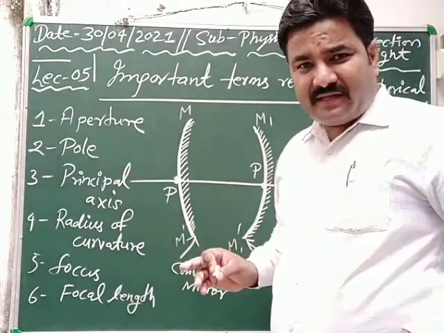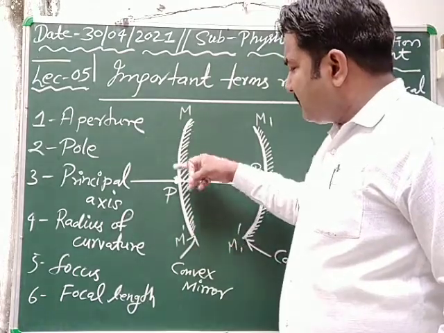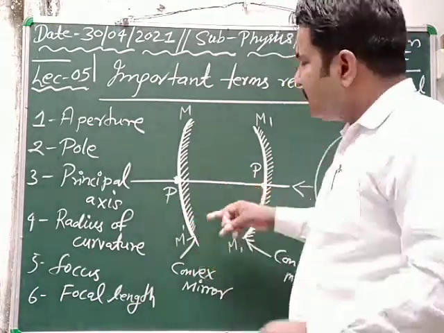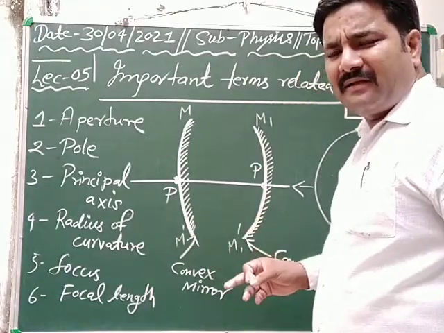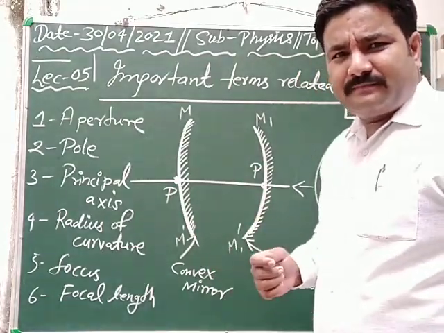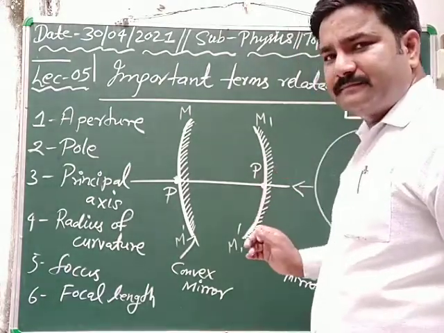In a second way, we can also define the total reflecting surface. In case of convex, that is bulging out. In case of concave, that is having trough shape. Having trough shape, I will say that concave shape.